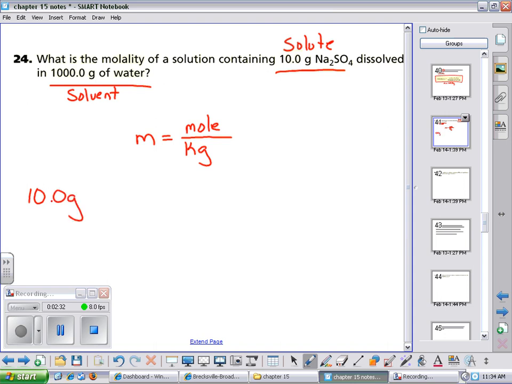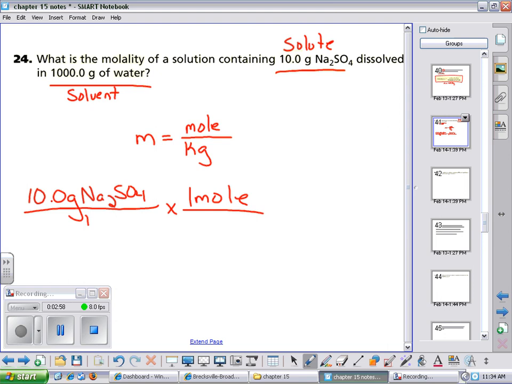So we have 10 grams of Na2SO4 times 1 mole over the gram formula mass. So we get your calculators, your periodic tables. Sodium is 23, and there are 2 of them. Sulfur's 32.1. And oxygens are 16 apiece, so you have 4 of them.